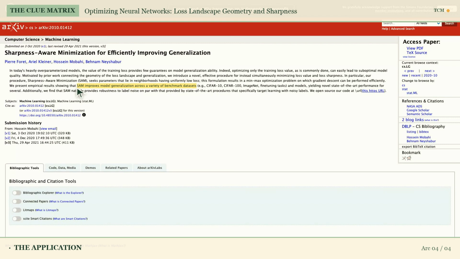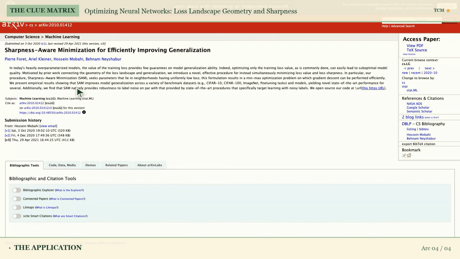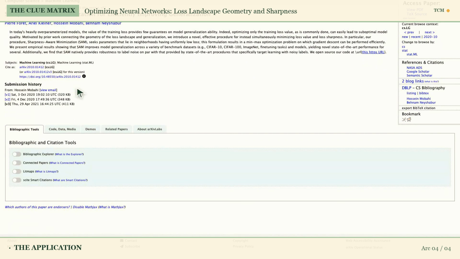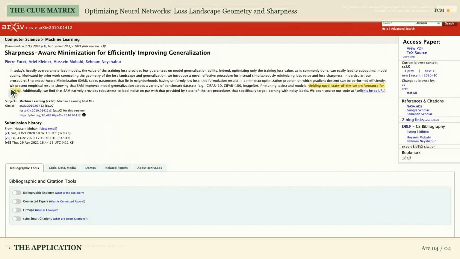This isn't just a theoretical improvement, but a tangible one. So we're seeing tangible improvements in how models perform on data they've never seen before, simply by being smarter about how we find the minimum during training? Absolutely. In some cases, SAM even achieved novel state-of-the-art performance for several tasks. This shows that explicitly focusing on loss landscape geometry is a powerful lever for better models.